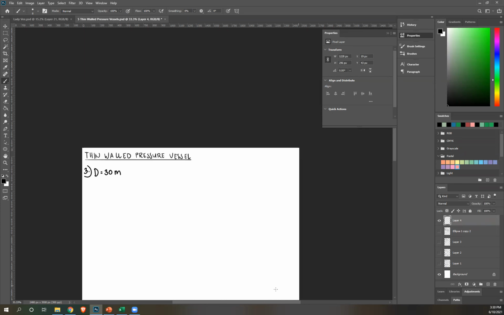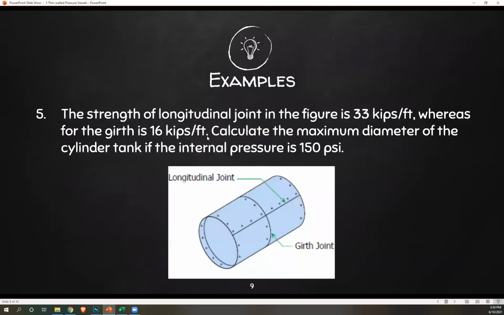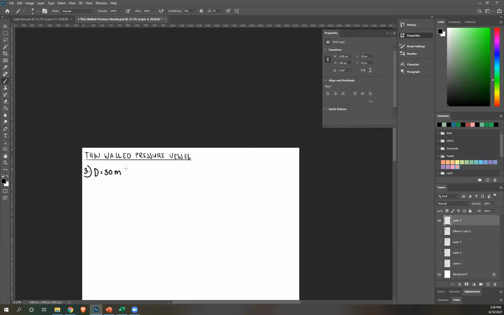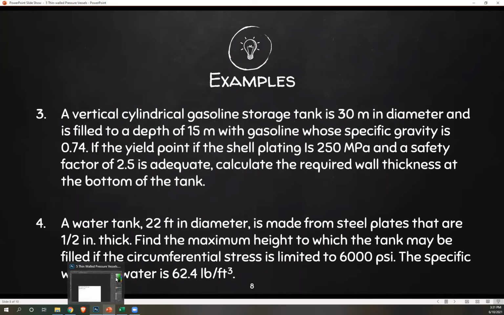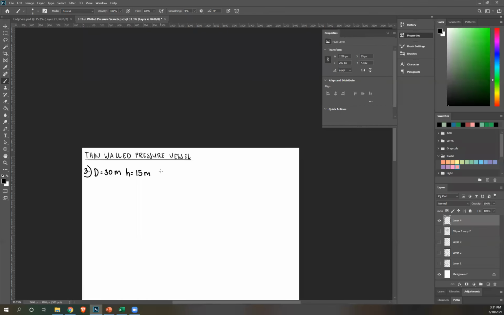Okay. So D is 30 meters. Filled to a depth of 15 meters. Let's call that H for depth or height. Okay. So H, 15 meters. Specific gravity is 0.74. So that's GS. Okay. Specific gravity.